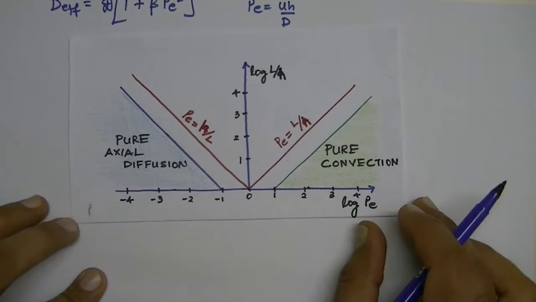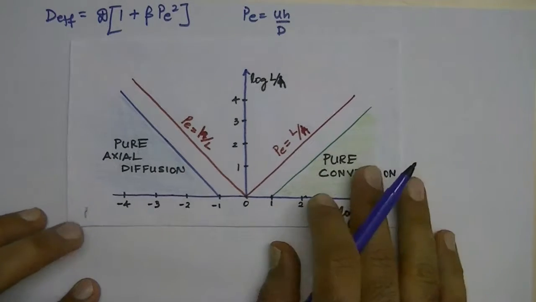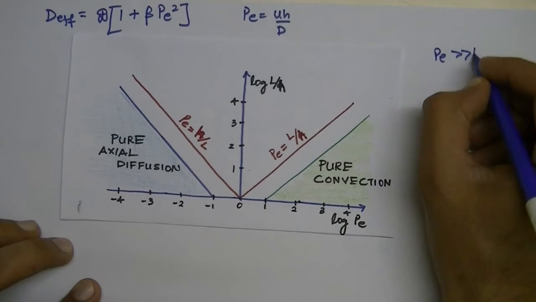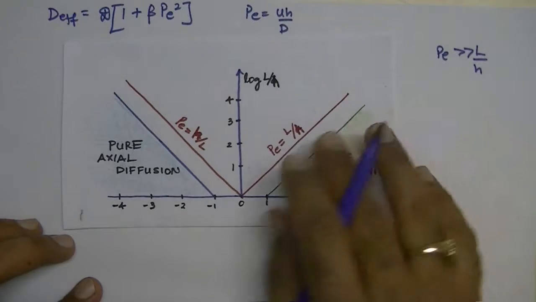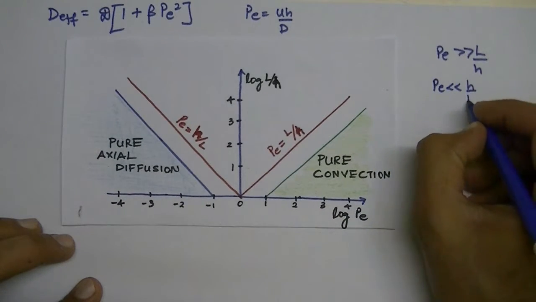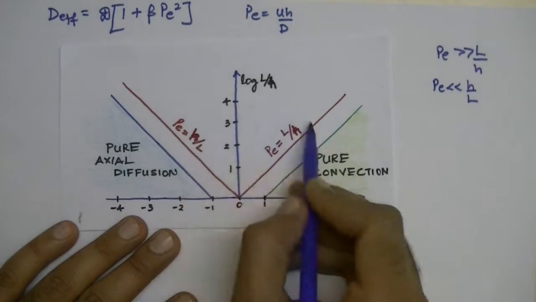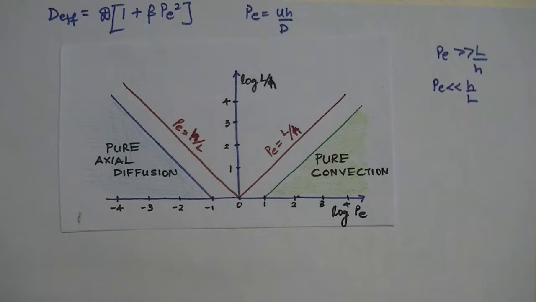So we've seen till now that for large Peclet numbers, that is, for Peclet numbers which are greater than L over H, we will have pure convection, or you can say advection. And for extremely low Peclet numbers, we have pure axial diffusion. And in between these regimes we would have both convection and diffusion being important.